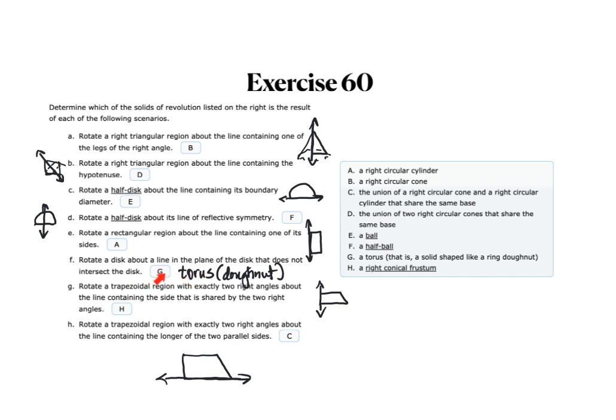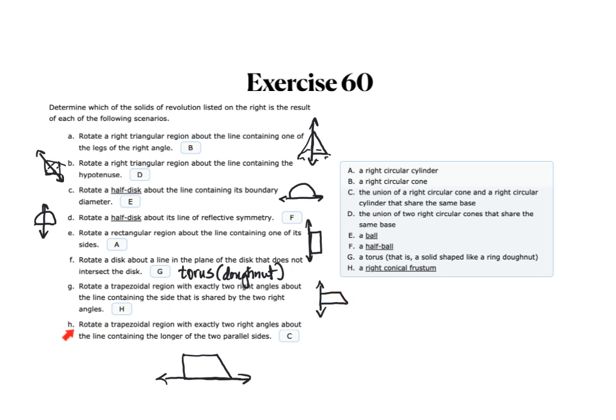It's a donut shape. Letter G, rotate a trapezoidal region with exactly two right angles about the line containing the side that is shared by the two right angles. You can picture that here, and what I end up with is a conical frustum.